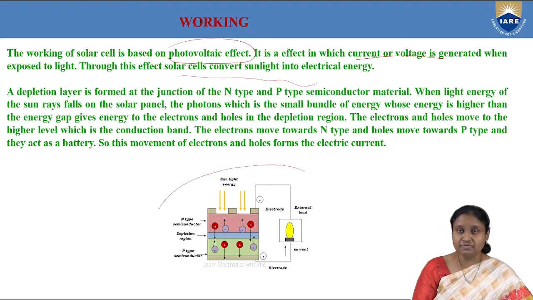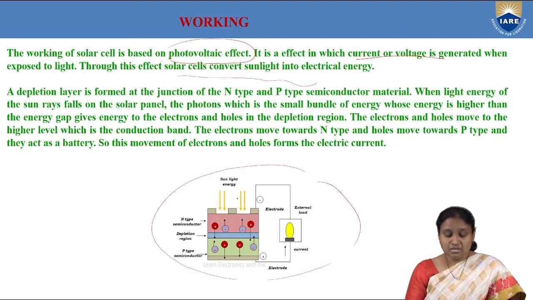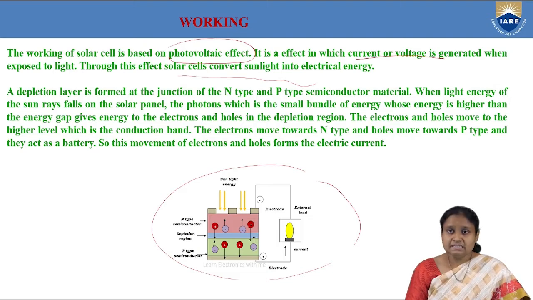If you look at this figure given in the PPT, at the top I have N-type silicon, and we made it in such a way that it has a lot of electrons, because we are adding a lot of impurities. Our N-type semiconductor is heavily doped.